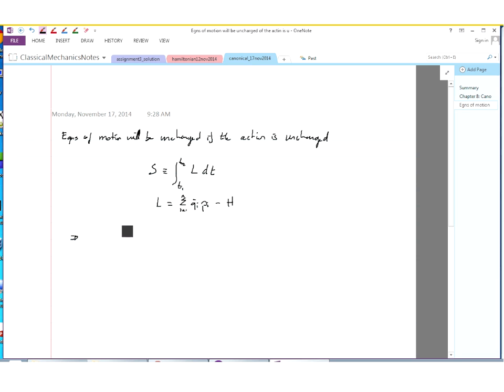So what this means is the equations of motion will be unchanged if the action is invariant, or the equations of motion are unchanged if the Lagrangian changes at most by a total time derivative.